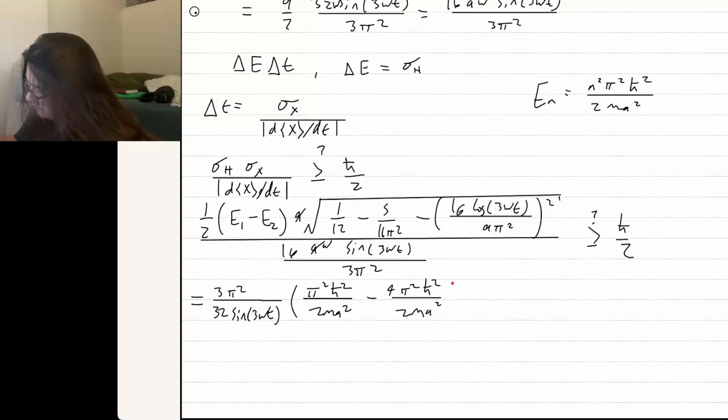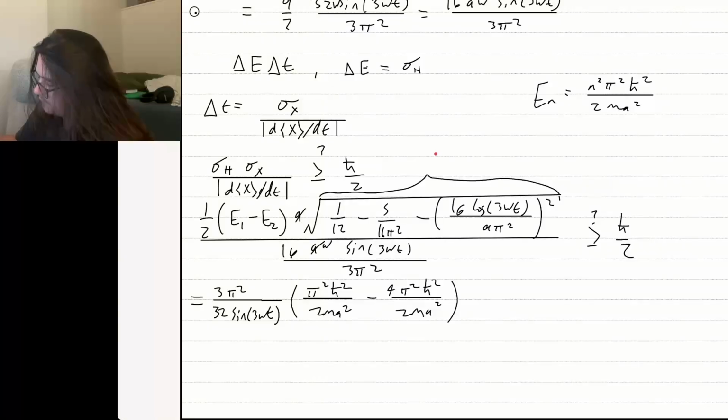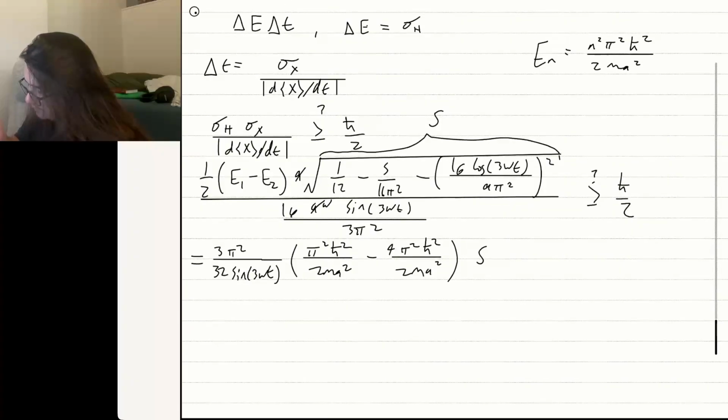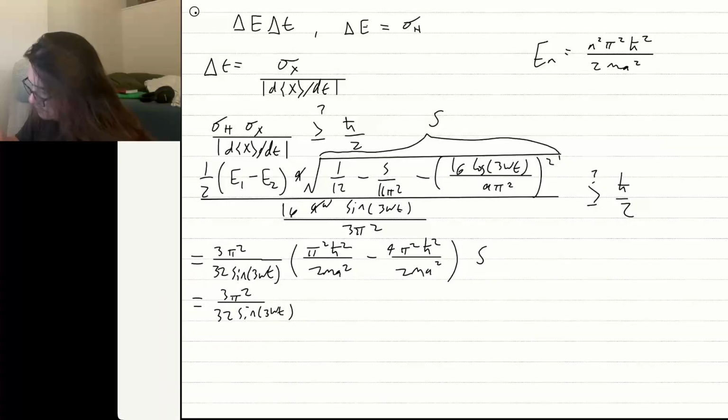I'm tired of writing this, so I'm going to call this quantity S times S. And then doing a little bit more math in here, just doing this subtraction now, it's negative 3 pi squared h bar squared.